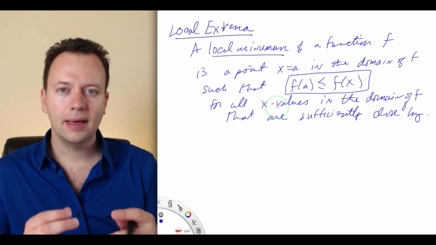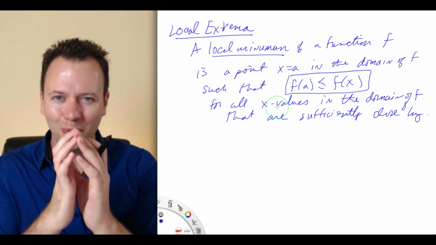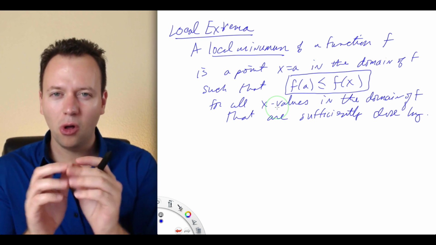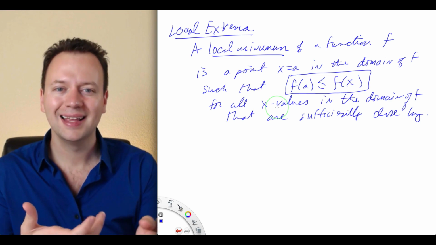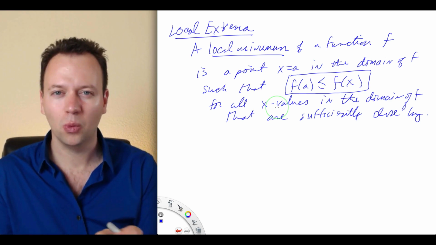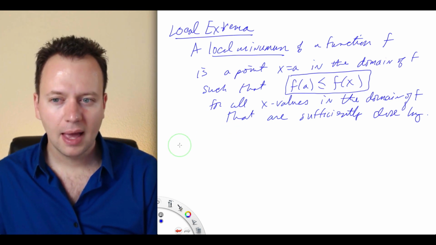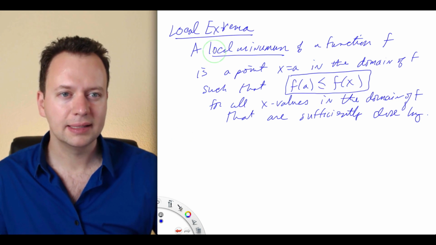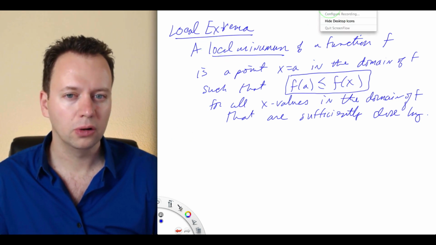So that open interval can be as small as you want, but there's some open set, it might be very, very small around x equal to a, such that for all those x values in that open set, the output at x equal to a is the smallest one out of all of the outputs in that open set. And then this is exactly the same if you just reverse the inequality for local maximum.